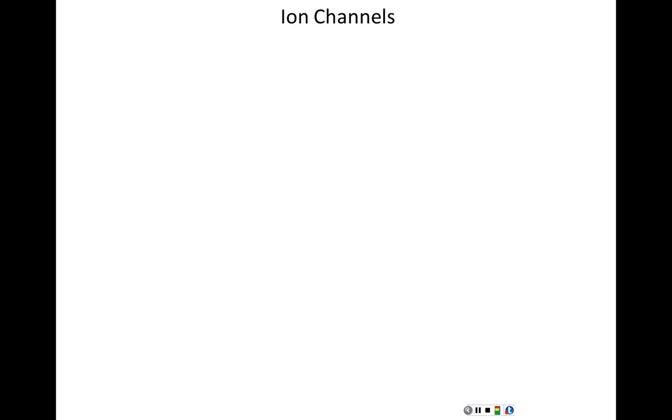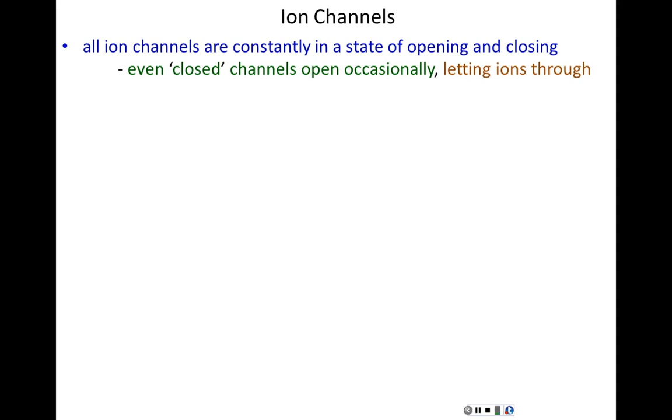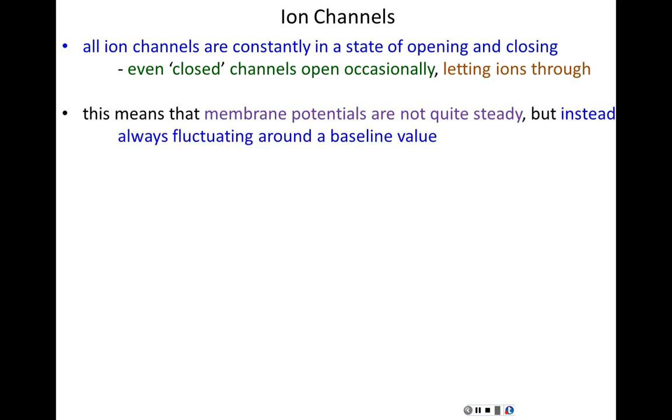So let's wrap up then with our discussion of ion channels. All ion channels, regardless of how they're gated, are constantly in a state of flux between opening and closing. Even when we say that a gated channel is closed, it's not 100%. Closed channels do spontaneously open occasionally, letting ions through. This means that membrane potentials are not quite steady.